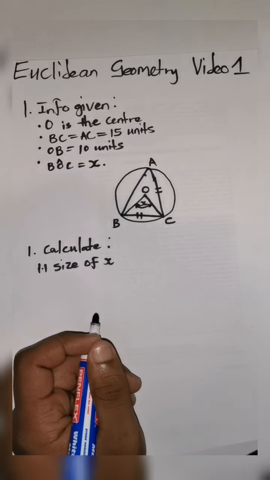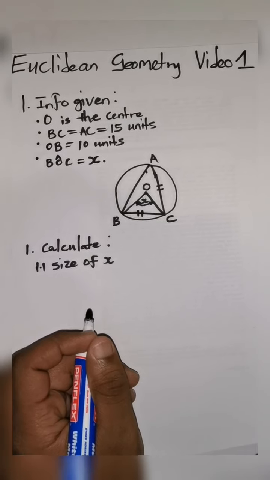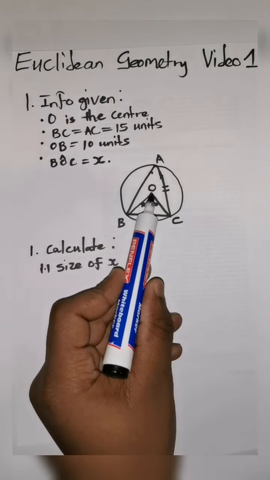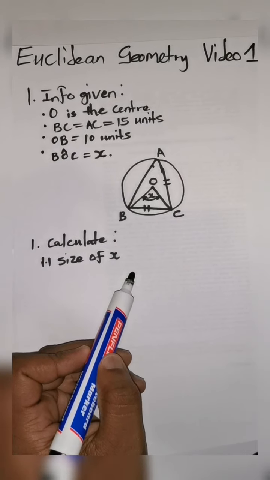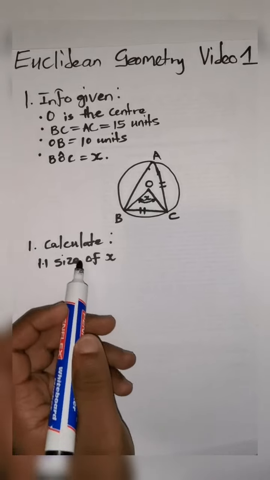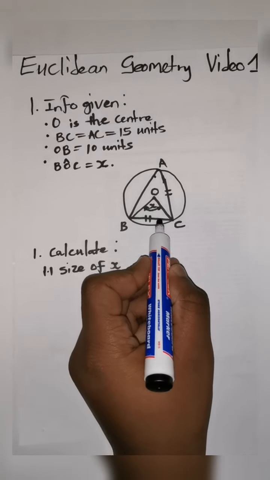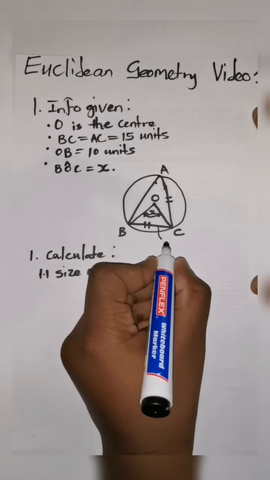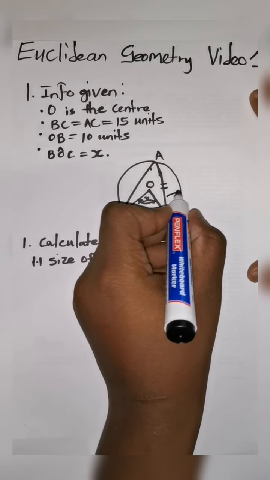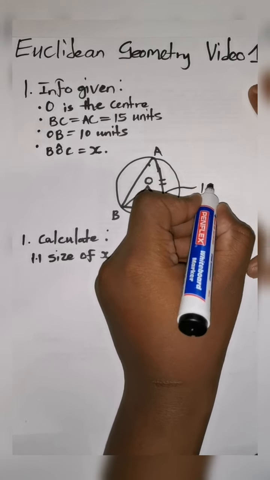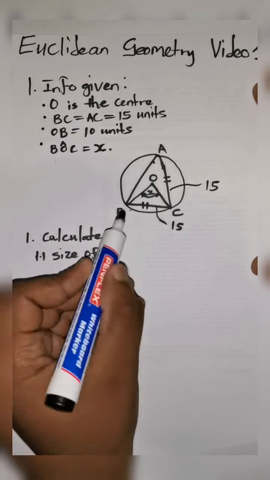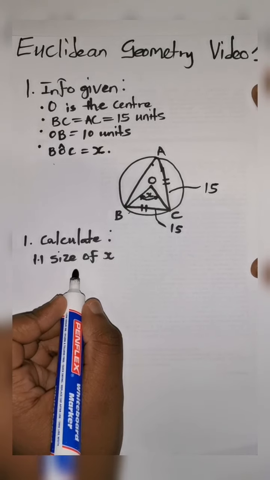So for this question, the information given is that on this diagram, O is the center and BC equals AC, which equals 15 units. So BC is 15, and AC as well, it's 15. We're also told that OB is 10 units.